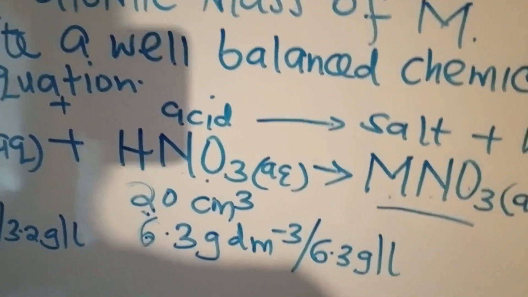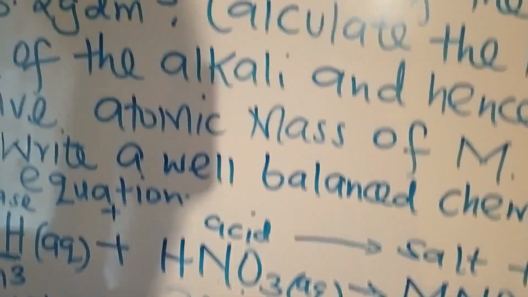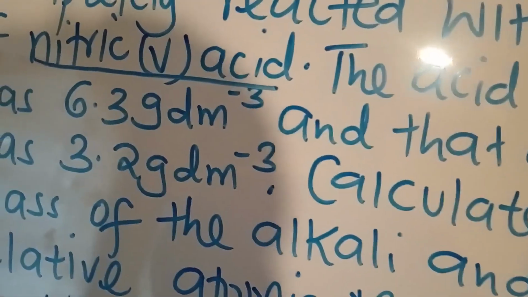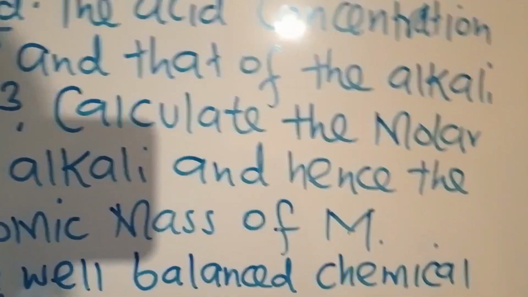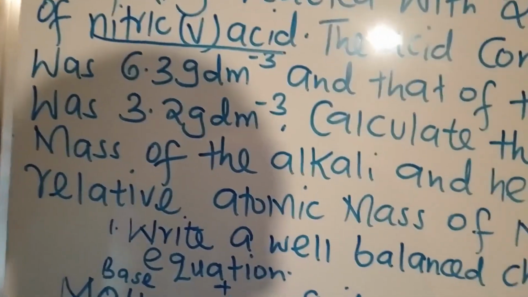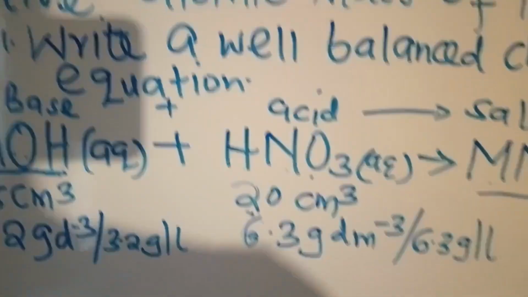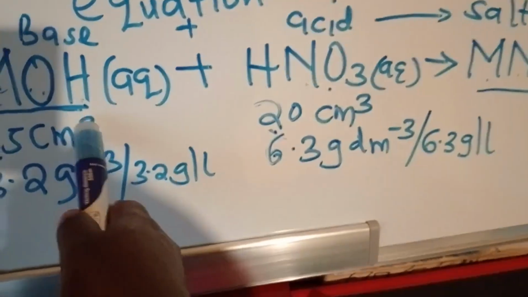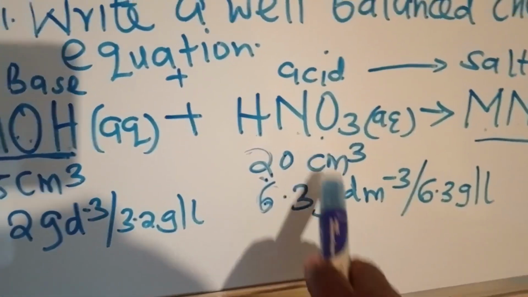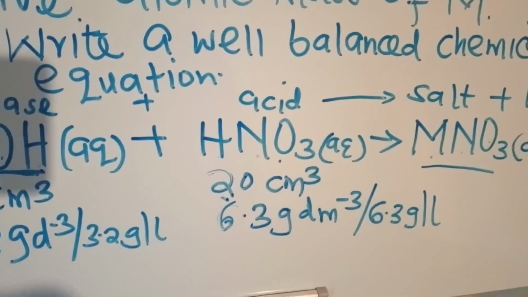What else has been given? So that 3.2 gram per dm cubed, calculate the molar mass of the alkali, hence the relative atomic mass of M. So everything has been put where it belongs. So you see this arrangement here. You put everything where it fits.